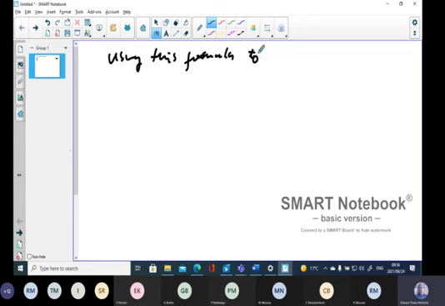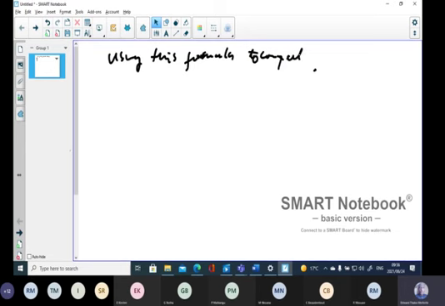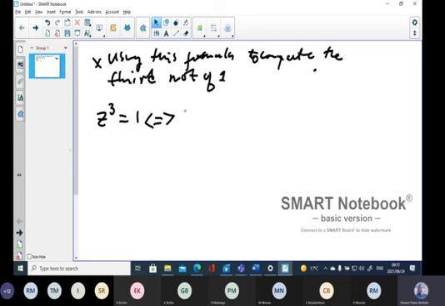Formula to compute the third root of 1. So this problem is actually equivalent to solving z to the power 3 equals 1, which is the same as z to the power 3 minus 1 equals 0. This is equivalent to that.